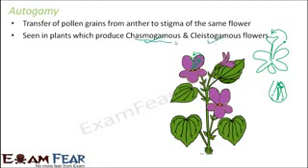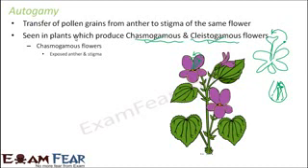Now what is chasmogamous and clistogamous? Let us quickly look. Chasmogamous flowers are those which have exposed anther and stigma. That means the flower is wide open, and that is why the anther and stigma are both exposed and considerably far away from each other.